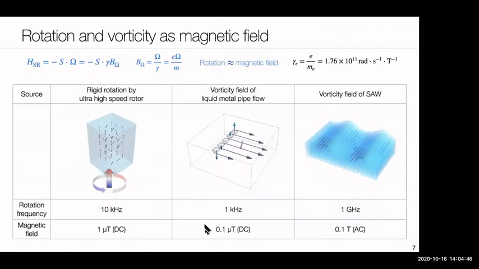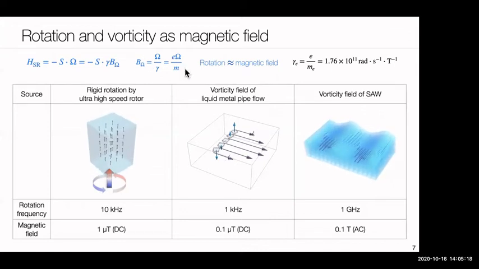And today, I'd like to show you the following three types of rotation or vorticity sources as a kind of magnetic field. The spin rotation coupling or the spin vorticity coupling can be interpreted as a coupling between spin and magnetic field, which is given by omega divided by gamma, where gamma is the gyromagnetic ratio.